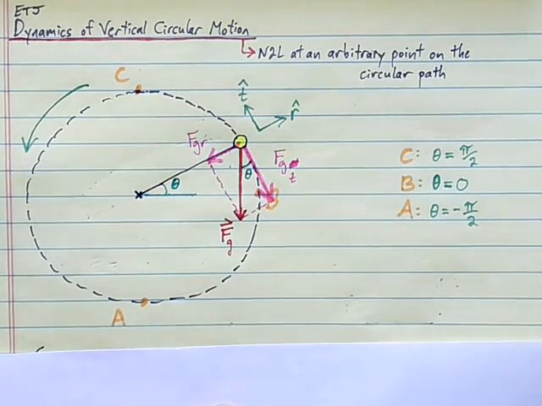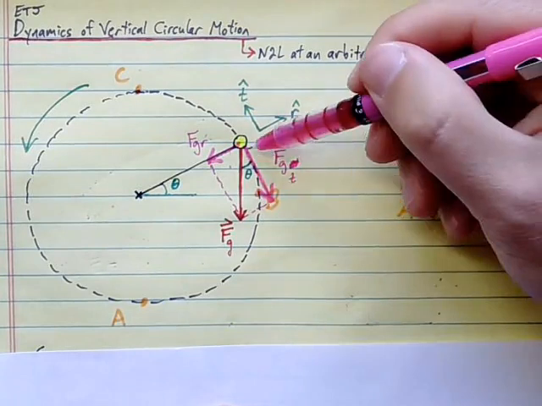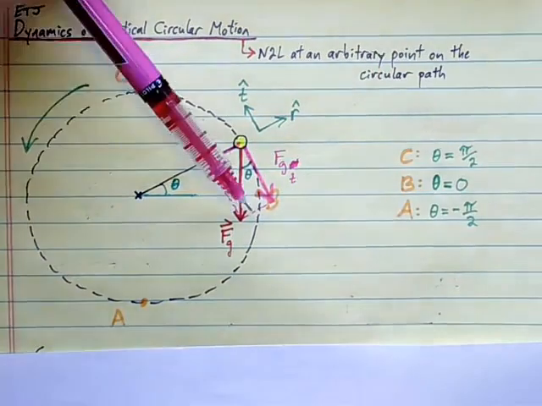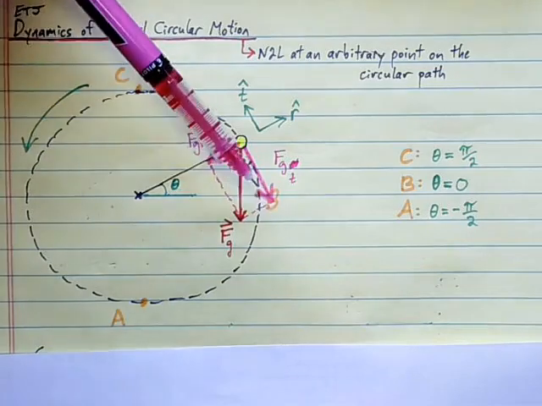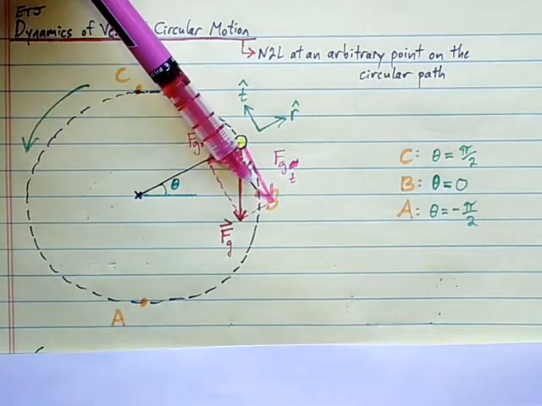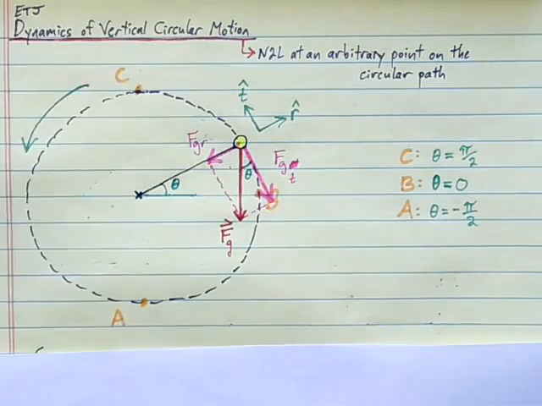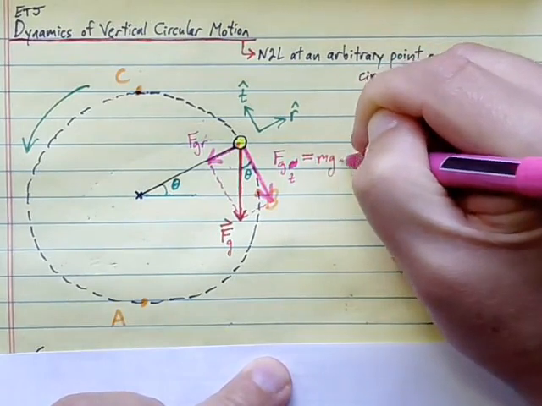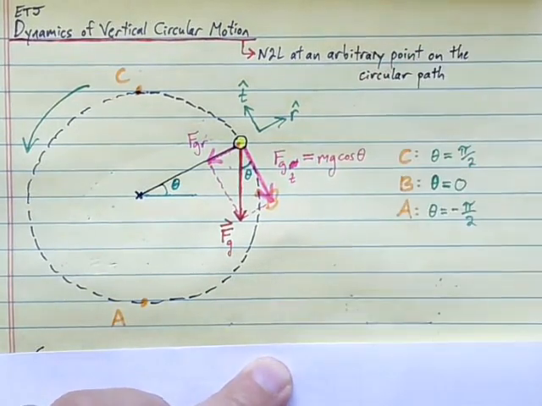And so I can express FGT, our tangential component here in the negative tangential direction, the part of gravity that will be slowing the ball down, the part of gravity contributing to the tangential acceleration, which we know changes the speed of the ball. That looks like it can be expressed as mg cosine theta.